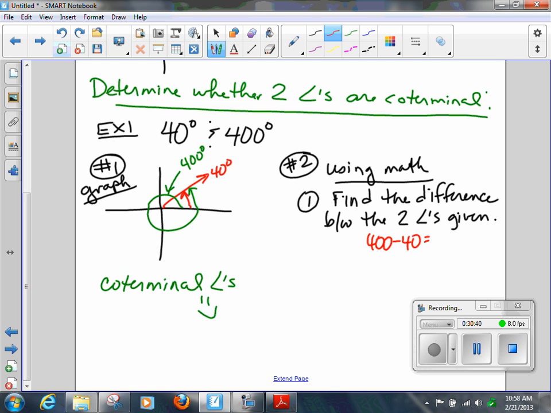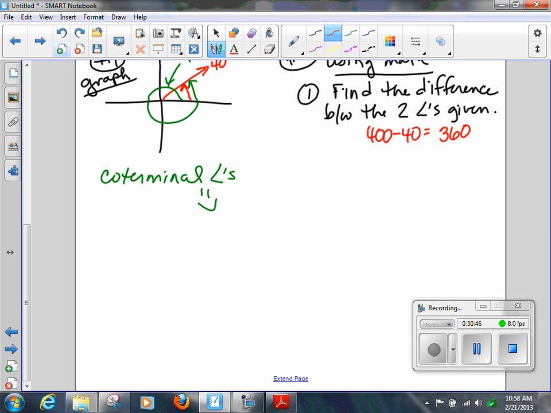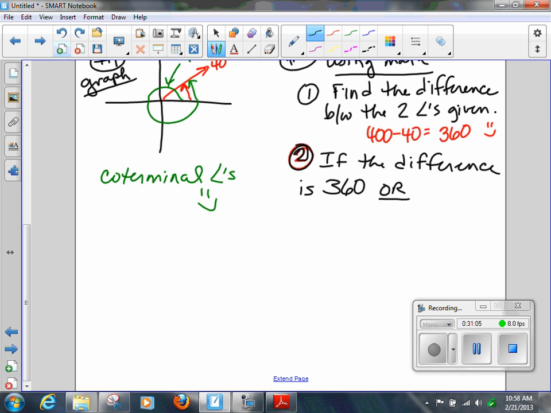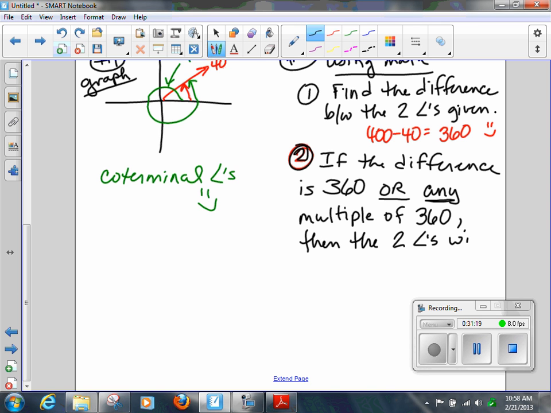400 minus 40 is 360, right? Okay. That's a very good thing, because if the difference is 360 or any multiple of 360, then the two angles will be coterminal.